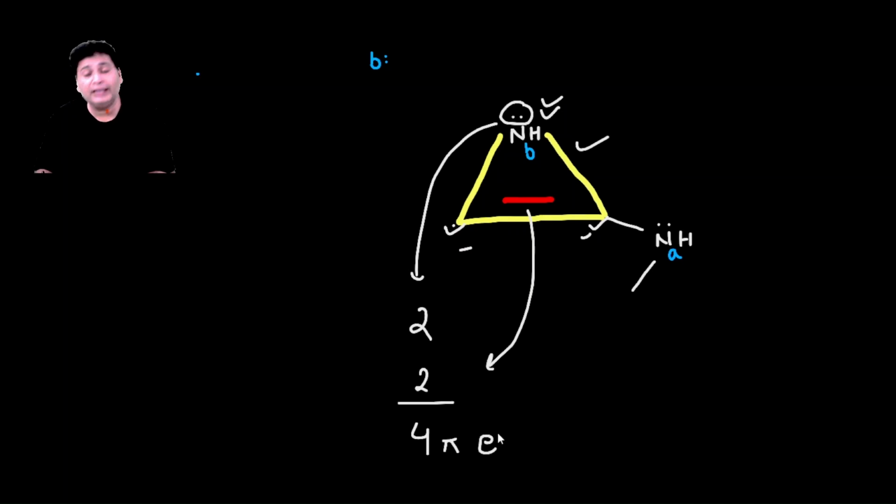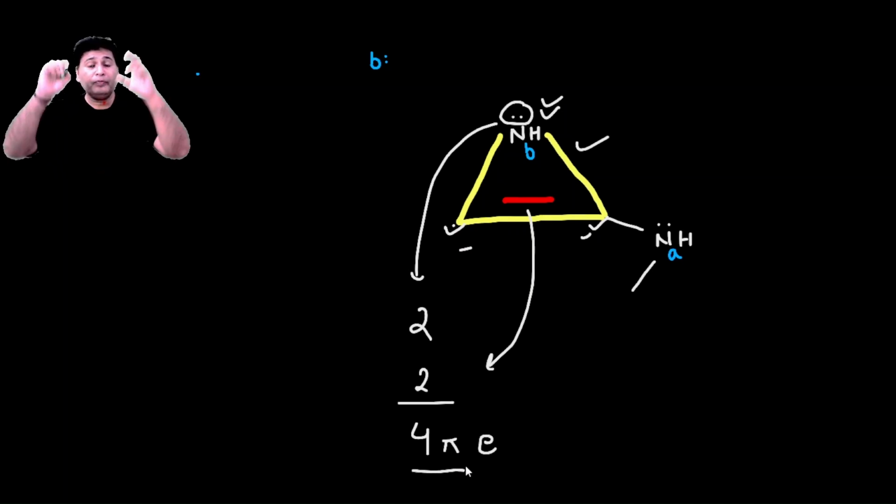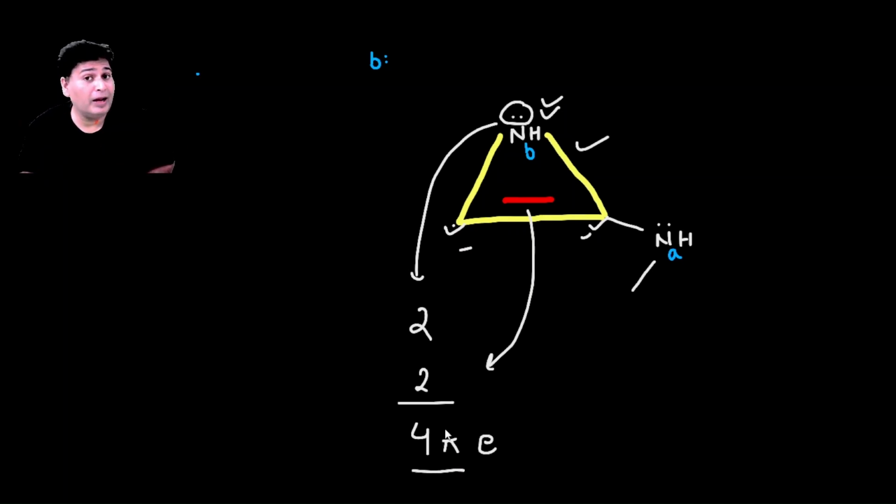Students, once you get these 4 pi electrons, some alarm comes in your mind. It's an alarming situation. Why?